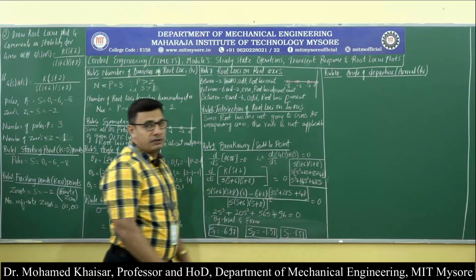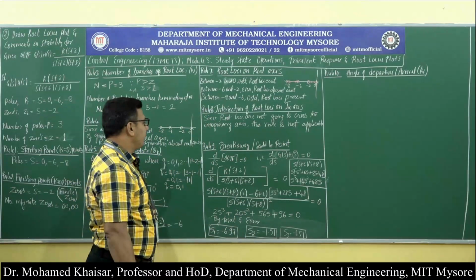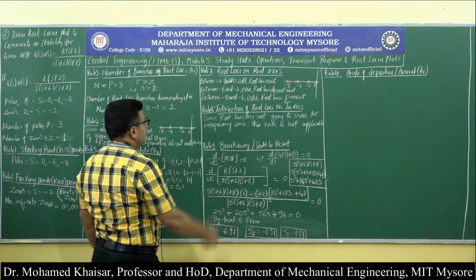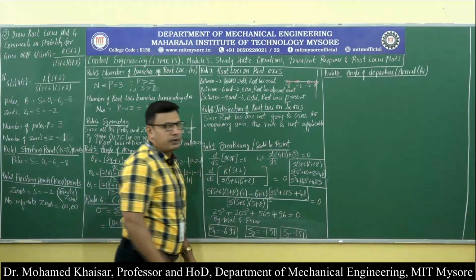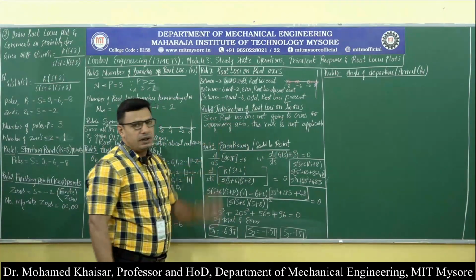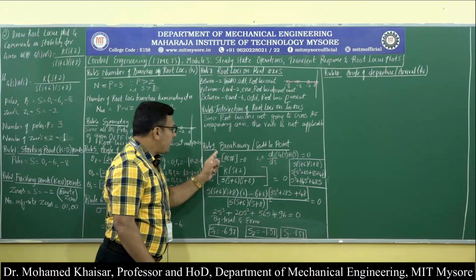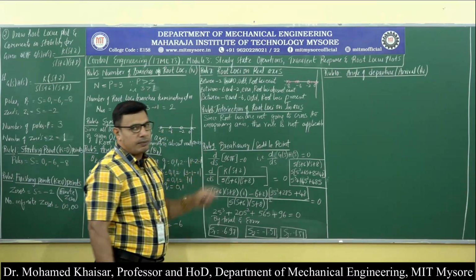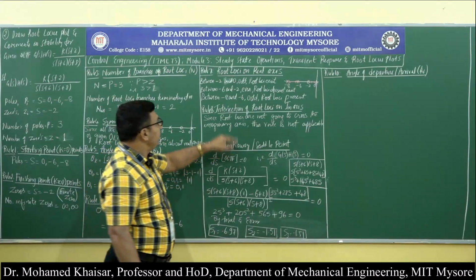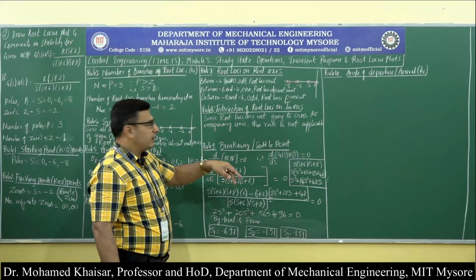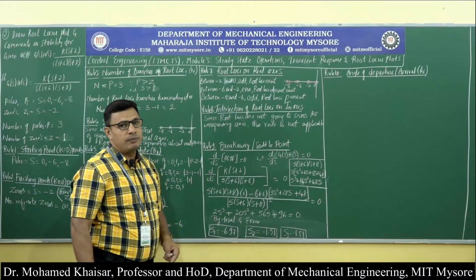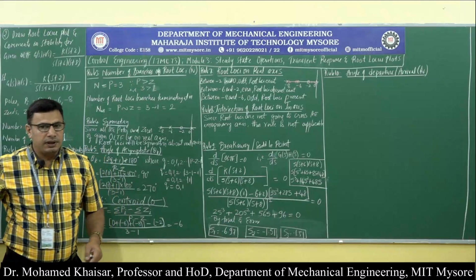This is the importance of rule number 7. Now, rule number 8, intersection of root loci with the imaginary axis, we have already resolved. Then rule number 9 is about the breakaway point or saddle point, and we know from rule number 7 that it is applicable in this problem.